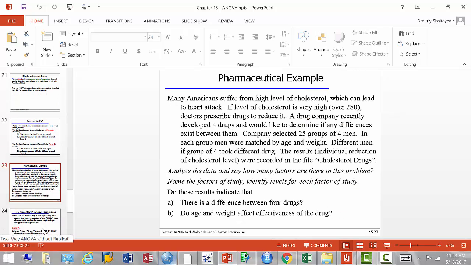So let's take a look at this problem. Pharmaceuticals example. I told you that pharmaceutical companies are among the biggest users of statistics, right? Because everything that they do, they do a lot of medical and chemical research, that's given, right?